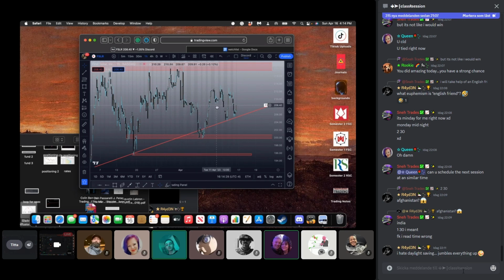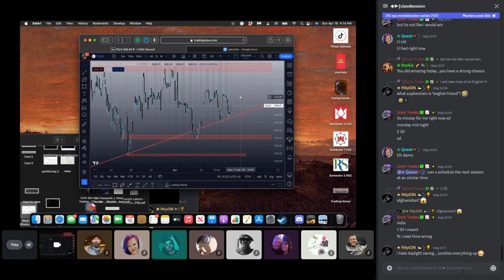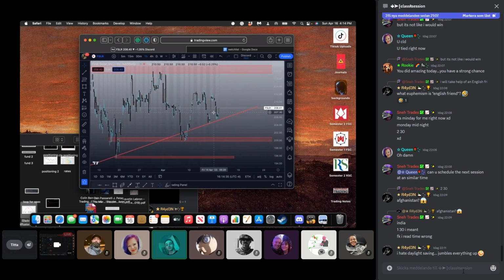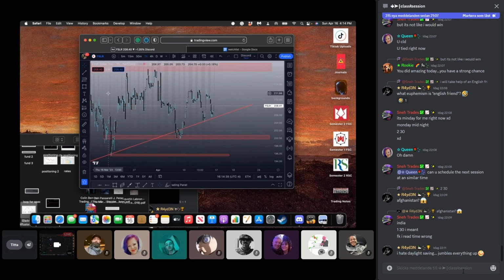Rejection straight down from it. A bounce from the top of it. A gap through it. And it's somewhat becoming invalidated due to us running through it more so. But safe to note that this is an important level, so we're just gonna put it right in the middle. I would even argue that it's probably right about here.